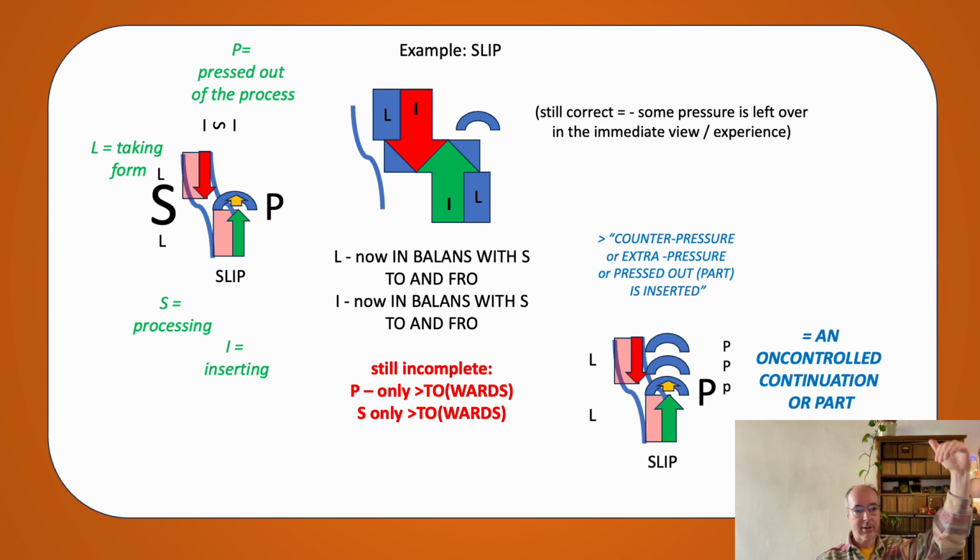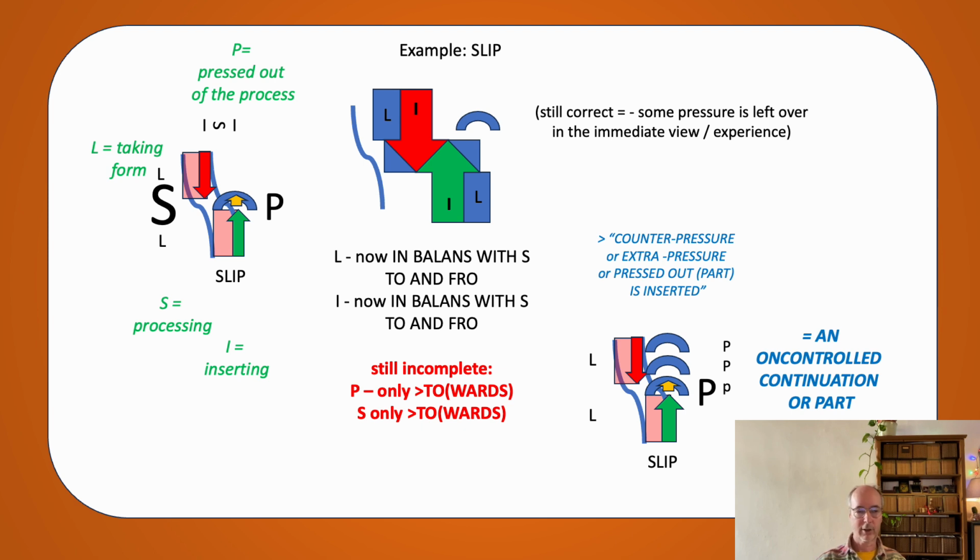With the L it's easy: you have something coming in, and a form coming out. So you have something coming in, you have something coming out. The pressing out and the S itself is more difficult to express in this same kind of balance. So we have to have a correction, an adaptation.